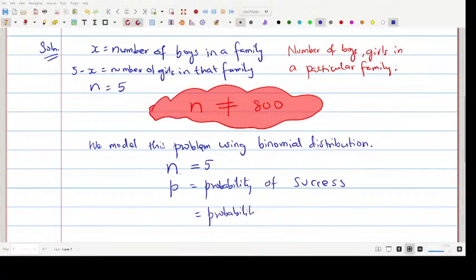The probability that a kid is a boy is basically the value of p, right?